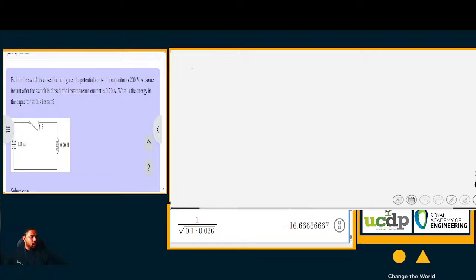So the total energy, which we just calculated to be 80 millijoules, is equal to the energy of the inductor plus the energy of the capacitor. Those two should give us the total energy, 80 millijoules.